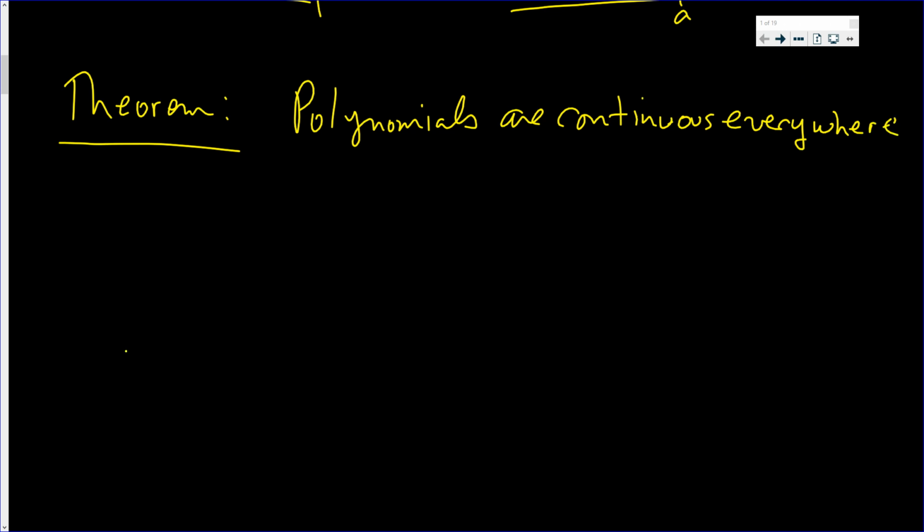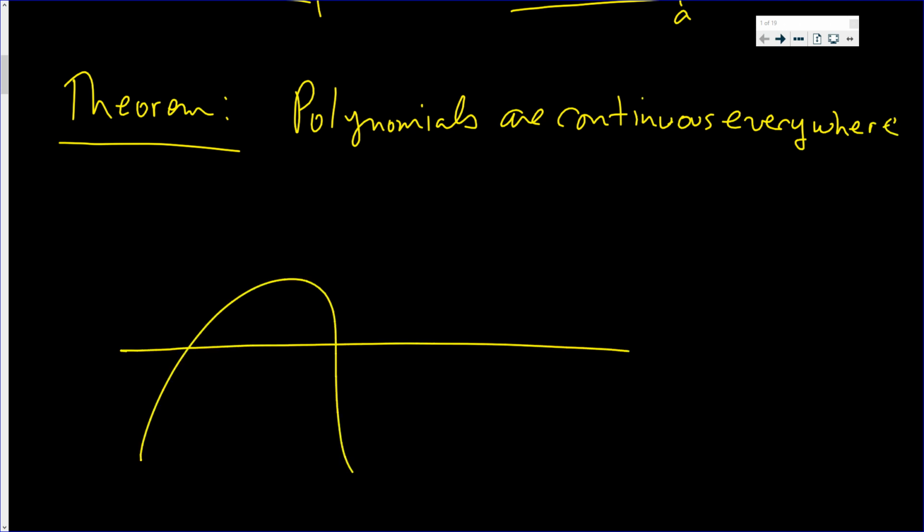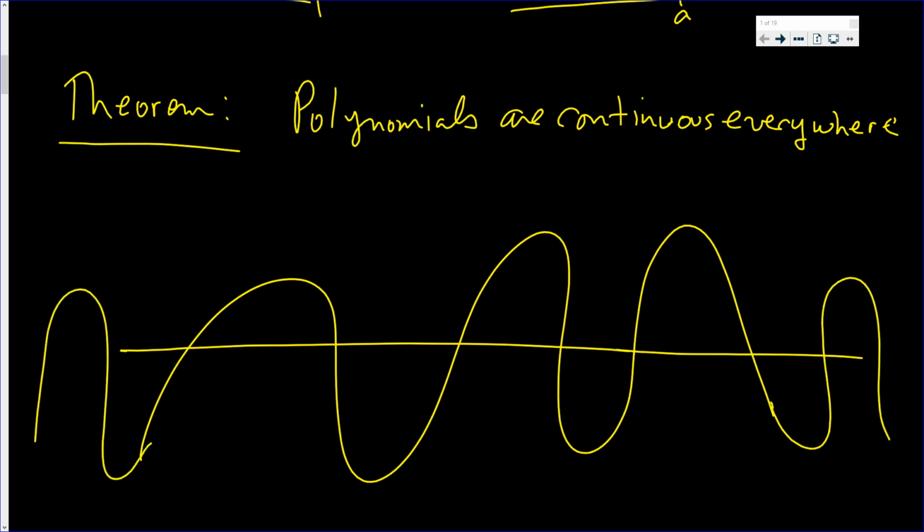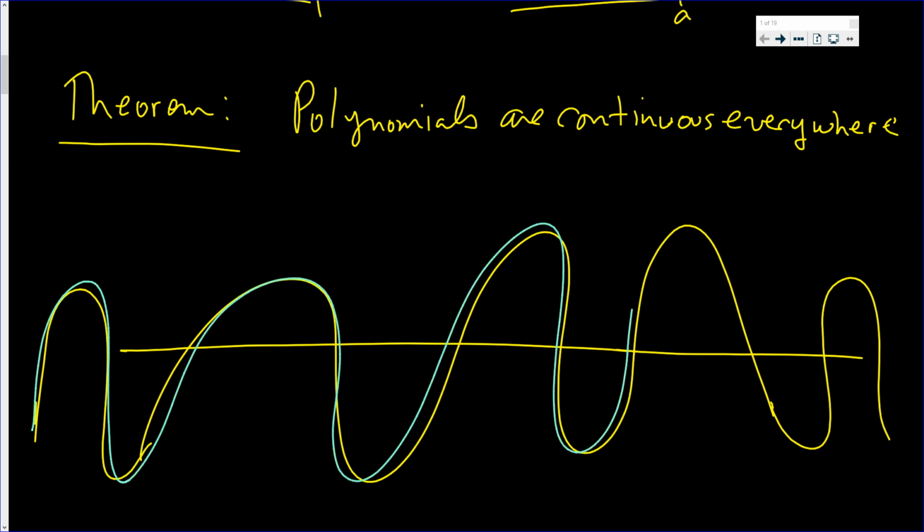Okay, and after all, a polynomial is just something that looks like this. Maybe it won't go up and down as many times as I drew. Maybe it would go up and down even more times than I drew. But nonetheless, that's what a polynomial looks like. And the key thing is I can draw a polynomial without lifting my pen.